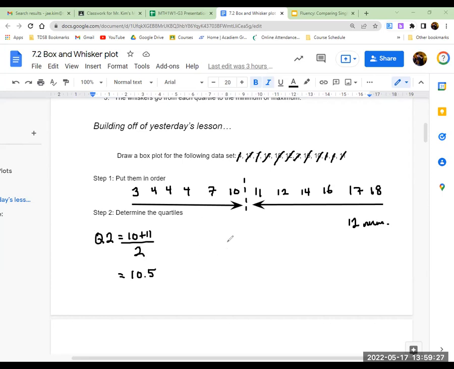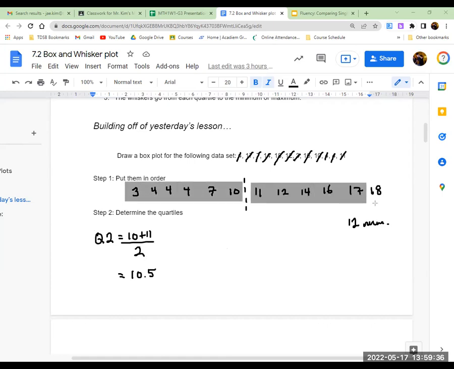Okay, great. Now that we have that done, we haven't finished yet. We're looking at this data set and this data set separately to calculate your Q1. Seeing as how there are 6 numbers, I am going to count 3, 3. Q1 belongs right in between. But I don't think I have to do any calculations for that.